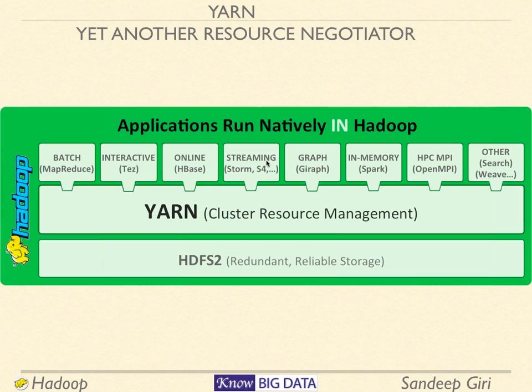Then you have Apache Storm, and then Giraph. As I was telling you about PageRank, when you have to do a lot of graph processing, like a Facebook network graph, those kinds of processing could be done in Giraph. Then you have the in-memory processor, Spark, which does distributed processing, and so on.